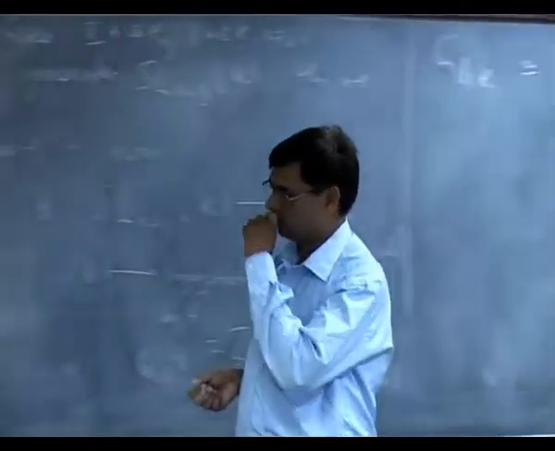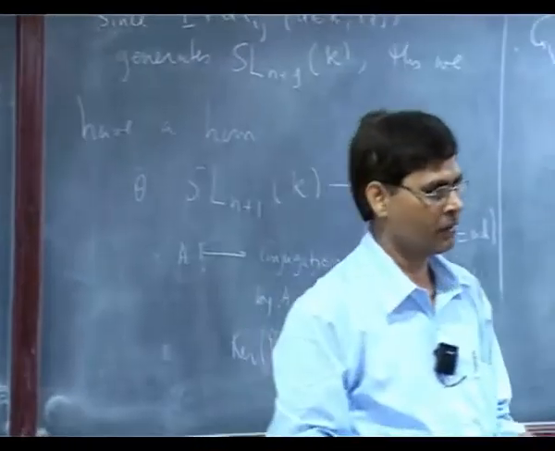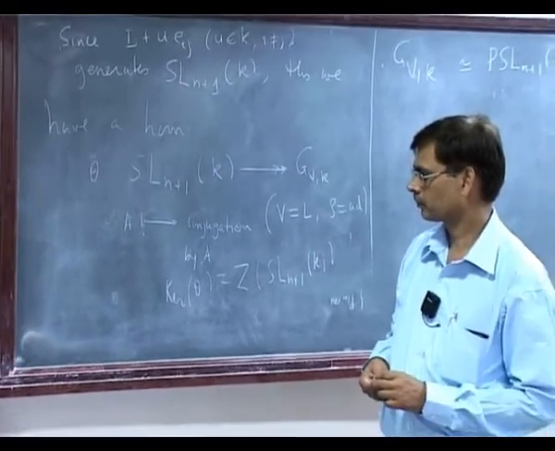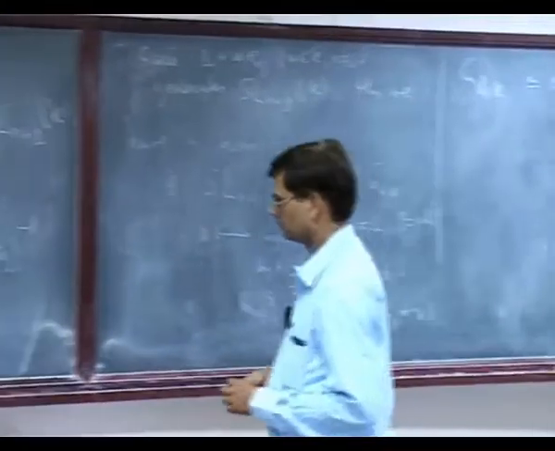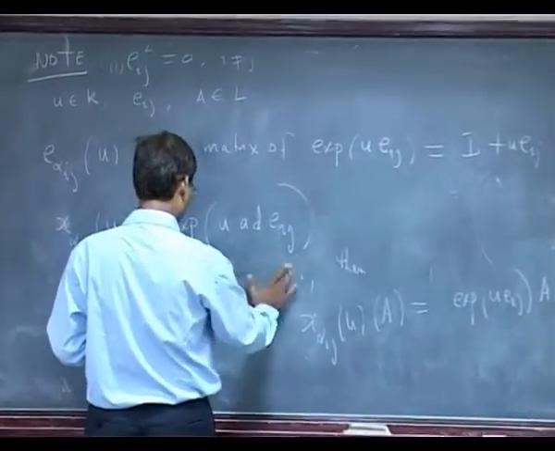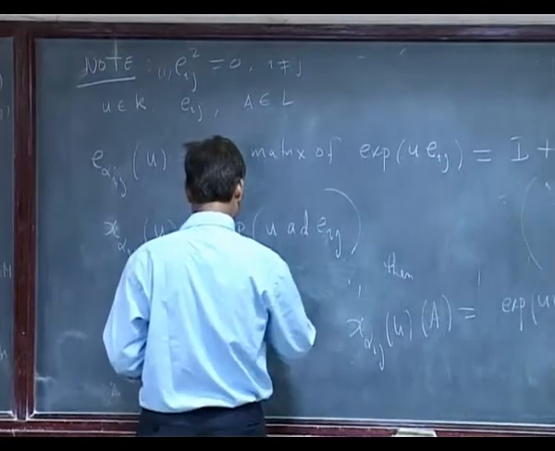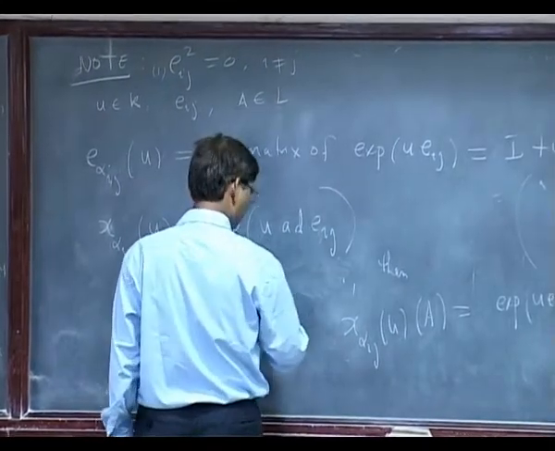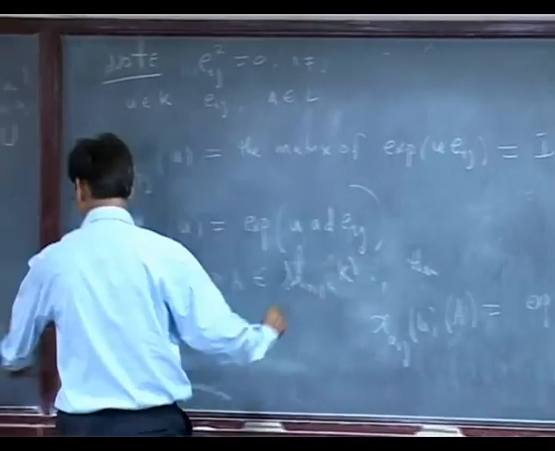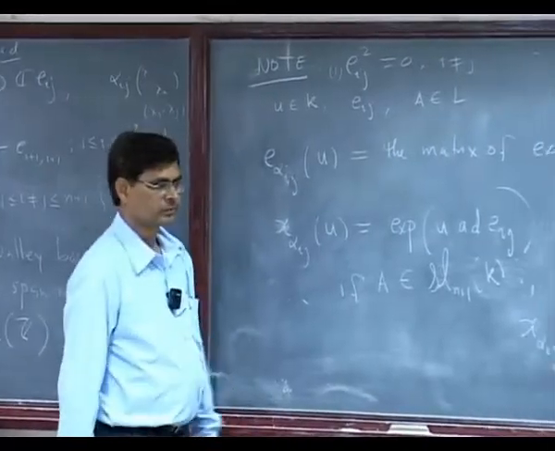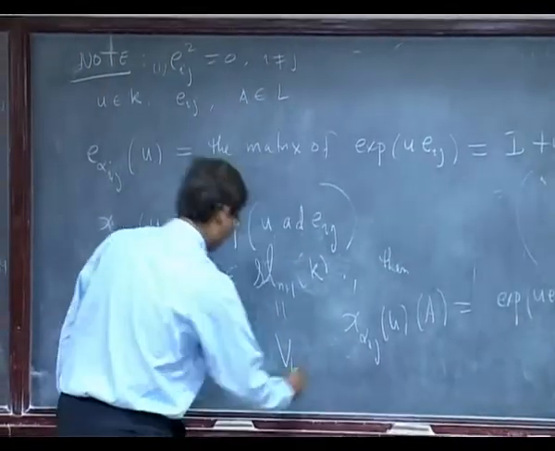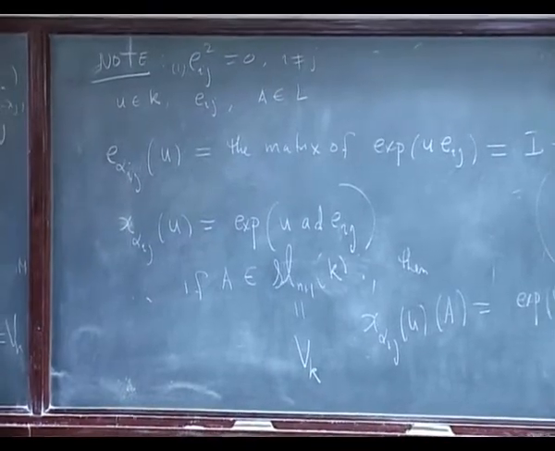The same is true. I have one more observation. This A should really be in the Lie algebra because it is acting on the representation space. This is a Lie algebra automorphism. Actually, this is inside SL n plus 1 K, which is our V K. Please make the correction.